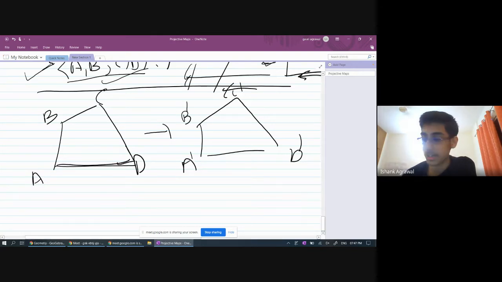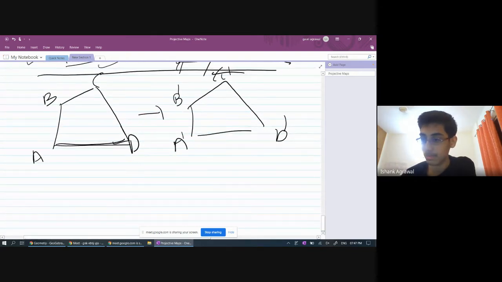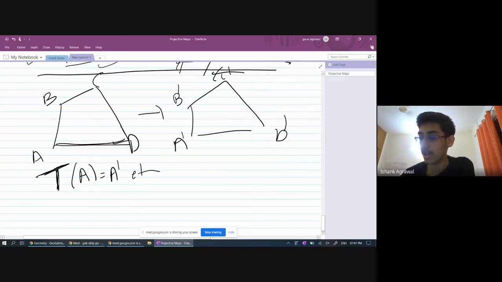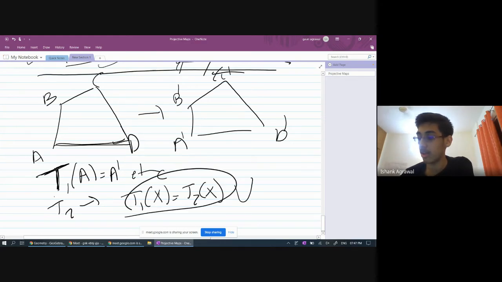Does everybody understand the problem? Basically, if T is a map such that T of A is A dash, etc., and T1 and T2 are two different maps, then is it true that T1 of X is always equal to T2 of X for all X?